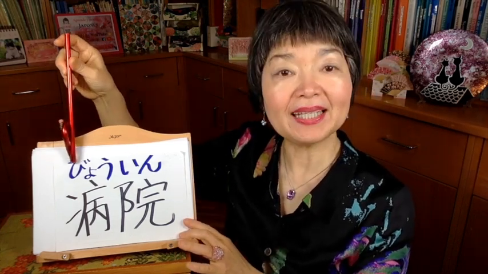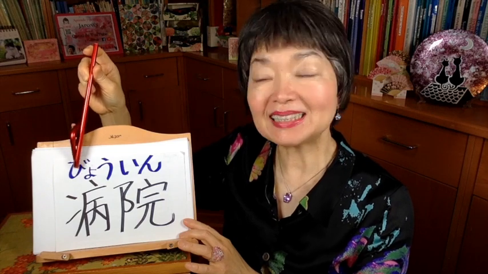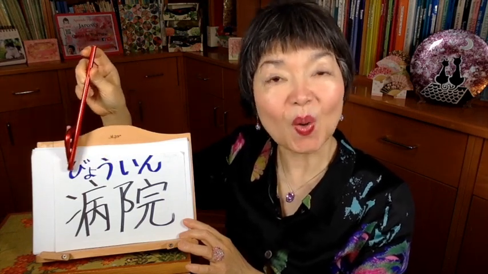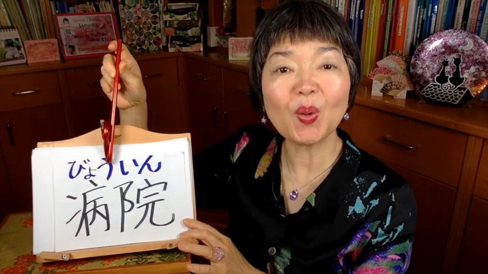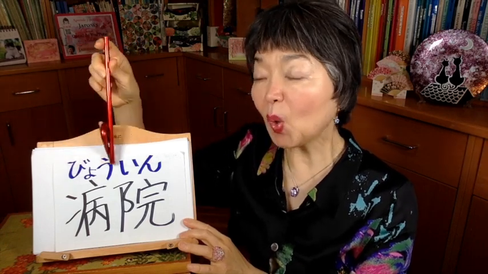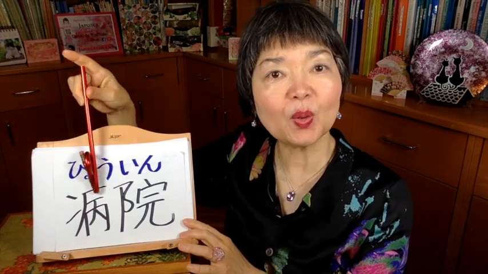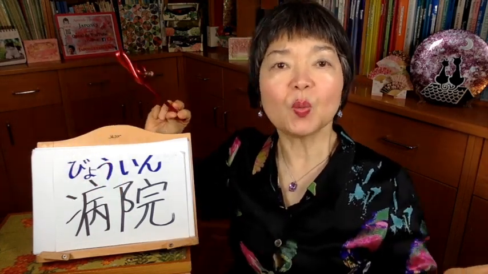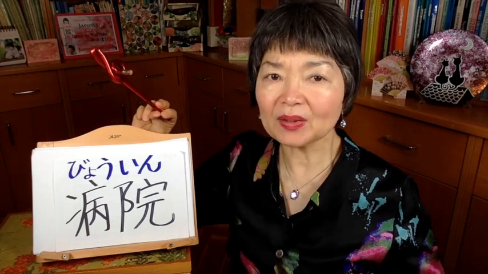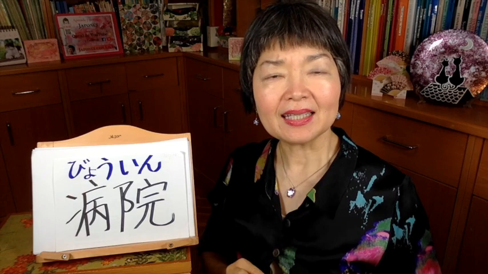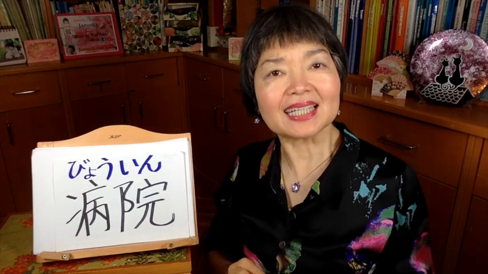And bi and yo. This is びょ, but here there's u, so the long sound. 病院. The first kanji, 病, has something to do with sickness, illness. For example, 病気 is ill, sick.